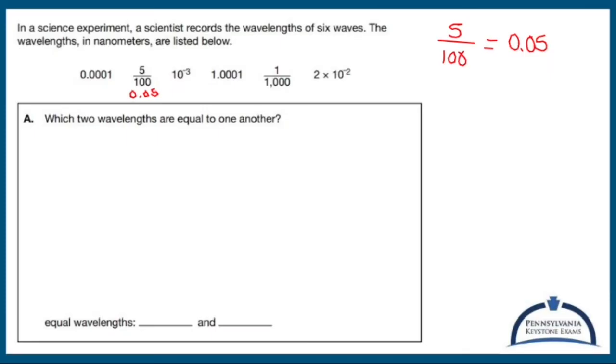Next, 10 to the negative third can also be written as 1 over 10 to the third, which is 1 over 10 times 10, 100, times 10, 1,000. So I have 1 thousandth. So 1 tenth, 1 hundredth, 1 thousandth look like that.